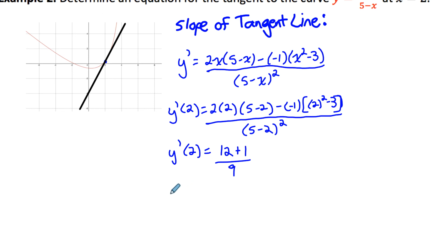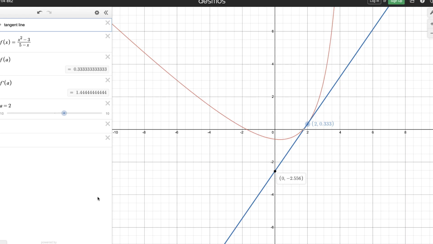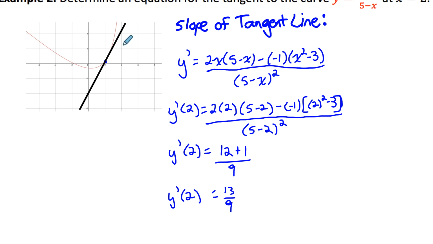So I've got 13 over 9. Y prime at 2 equals 13 over 9. And let me show you 13 over 9 is that approximate value 1.44 that Desmos was giving us. So we have the slope of that black tangent line there.